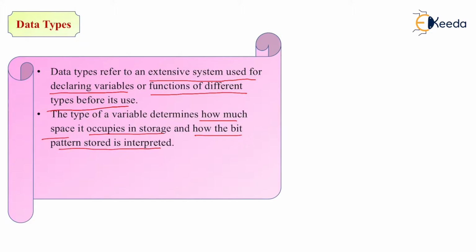That means if you consider any identifier you have created and assigned a value to, the compiler has to understand what amount of memory, or bit amount of memory, is occupied in the storage area. Through that the compiler will allow you to store the value, so you have to specify the data type.